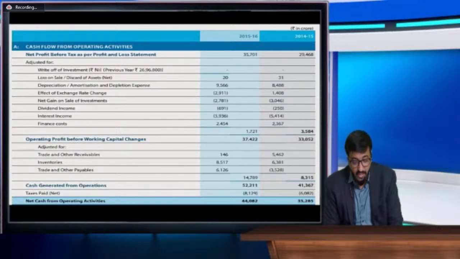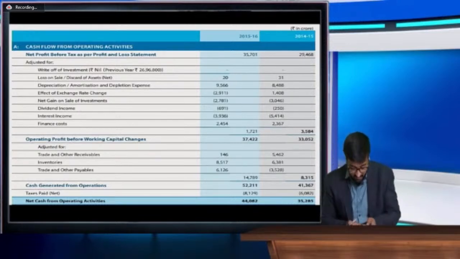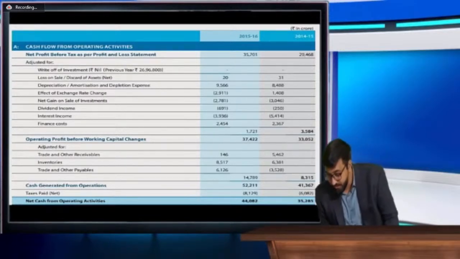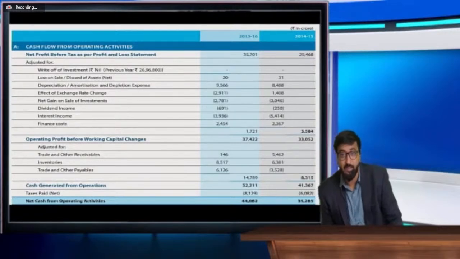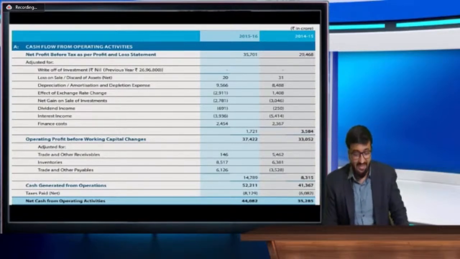Then you can check depreciation. Depreciation is going to be added back. Effects of exchange rate for foreign exchange you can check. Then net gain on sale of investment, dividend income and interest income. You can check here interest income or finance cost. So this is called operating profit before working capital changes.